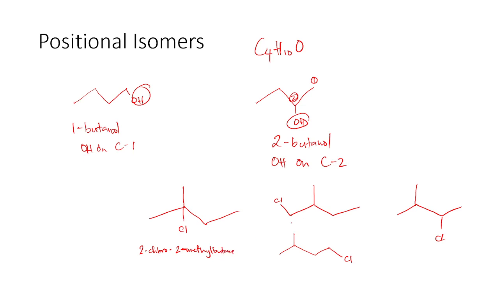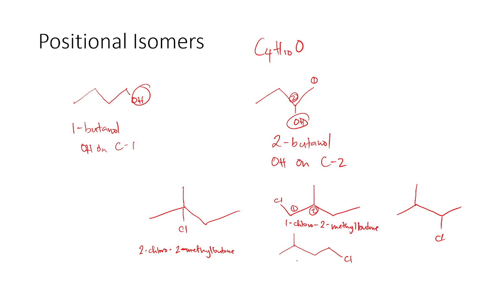And for this one, we have 1-chloro, okay? Because the chlorine is attached to the first carbon. Then we have 2-methyl, because this will be 1, 2, okay? Then we have here our butane, okay?